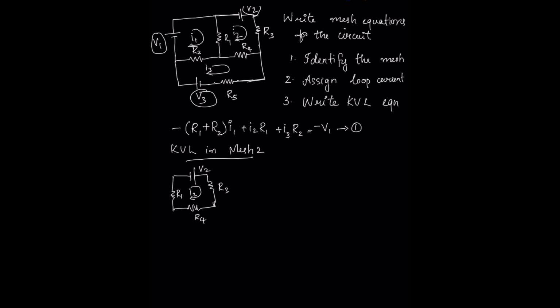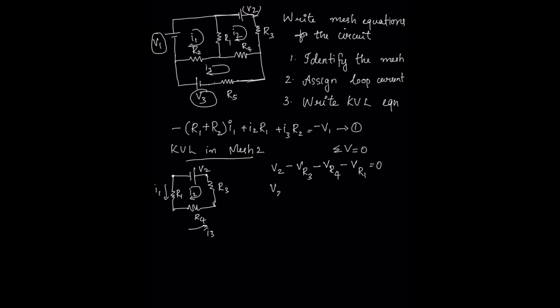Here we have I3, and in this direction we have I1. How will we write the mesh equation? Between this point, voltage goes from negative potential to positive potential, so we write plus V2 minus VR3 minus VR4. There is a potential drop in each resistance. Minus VR1 is equal to 0 according to KVL.